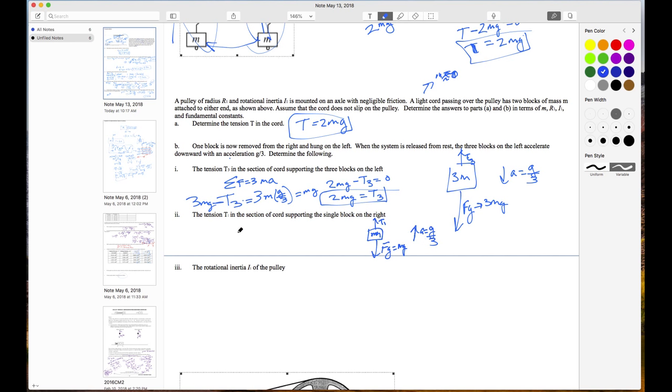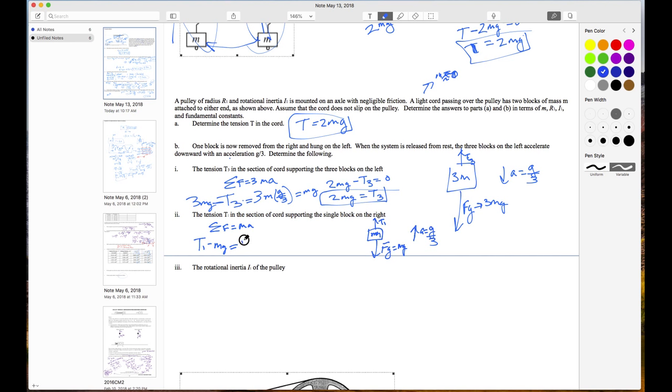If we set this into an equation, the sum of the forces is equal to ma, and the sum of the forces this time is T1 minus mg. Because the acceleration is upward, the magnitude total is going to be the tension force, the bigger force, minus the smaller force, mg.